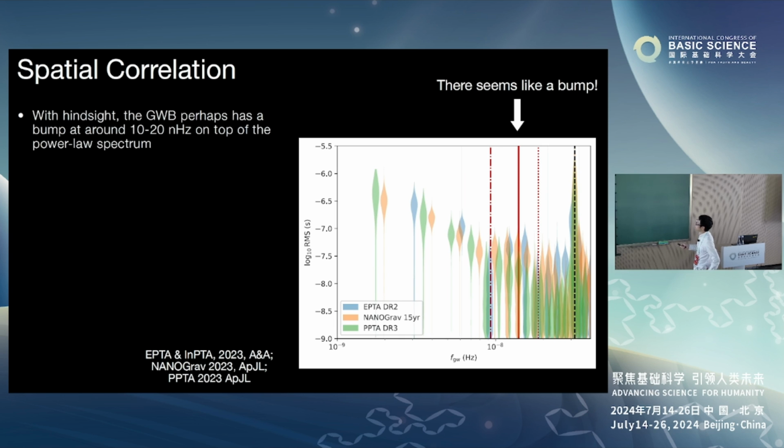However, in the frequency range from about 10 to 20 nanohertz, you can see a very obvious bump on top of this power law spectrum. So I think that's why we are lucky to get some very interesting results in this single frequency bin.